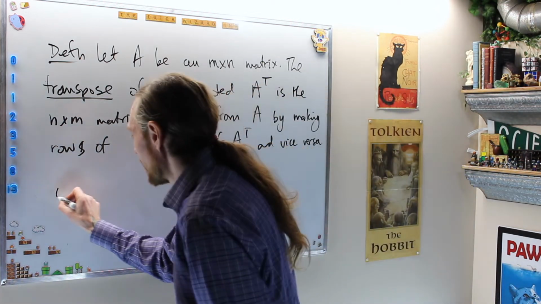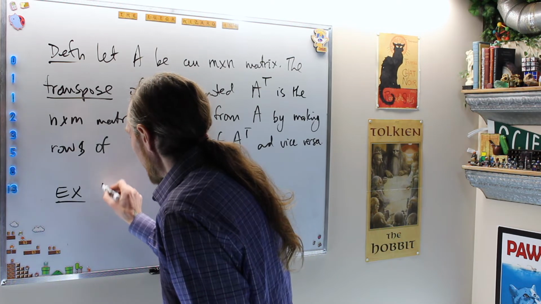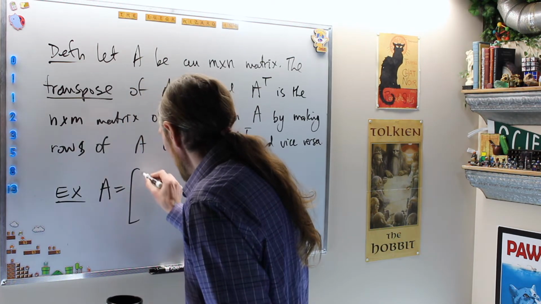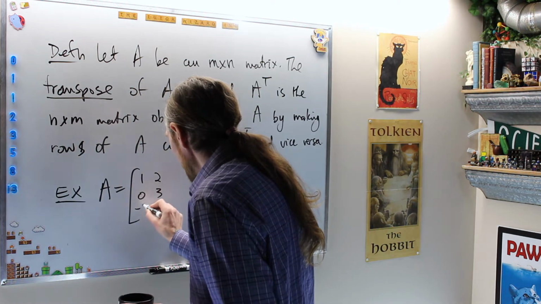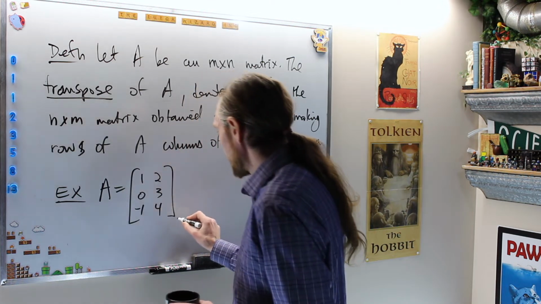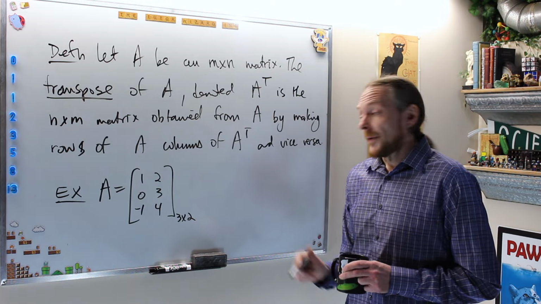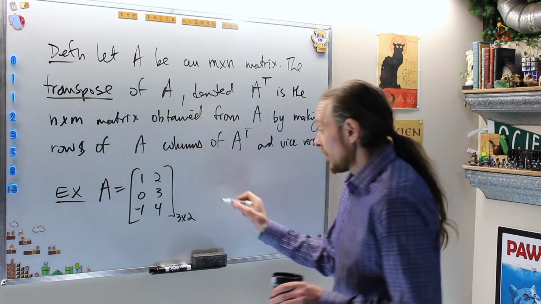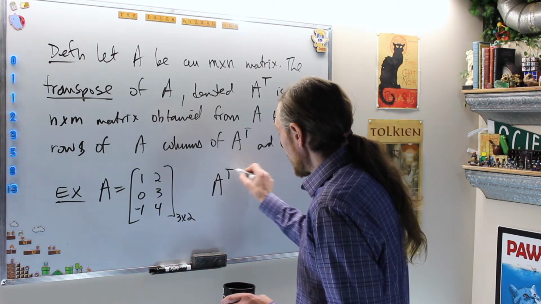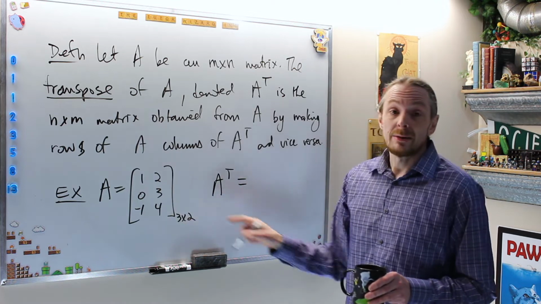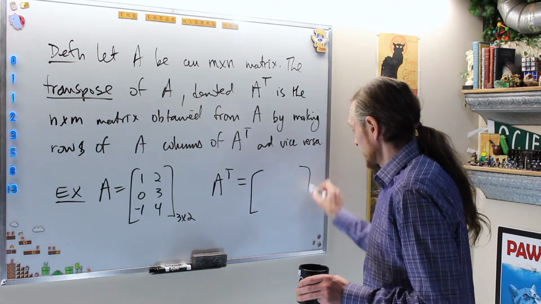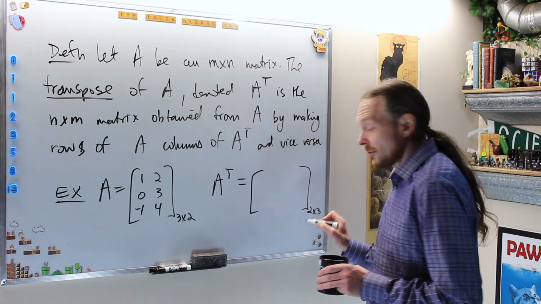As an example, let A equal 1, 2, 0, 3, negative 1, 4, which is a 3 by 2 matrix. If I want to transpose this, what do I want to do? A transpose is going to be the 2 by 3 matrix, with 2 rows and 3 columns.